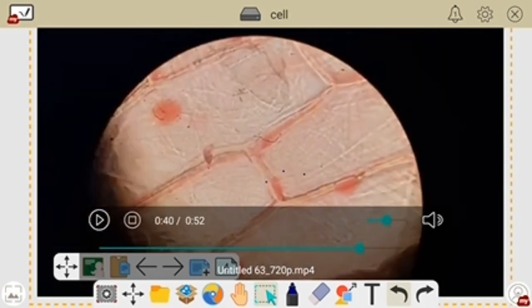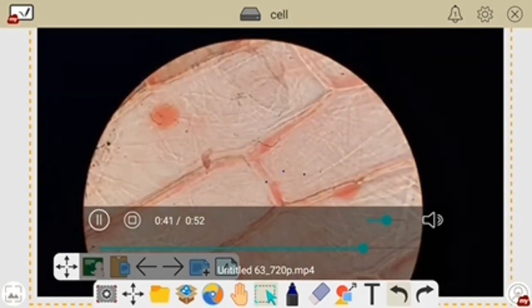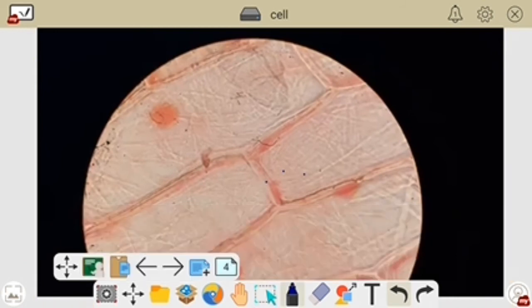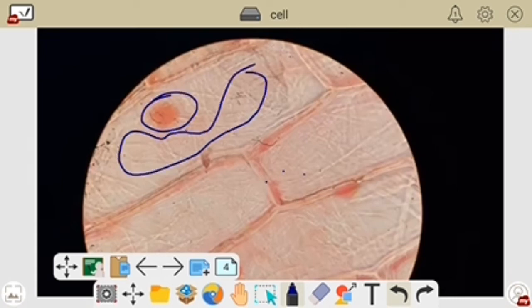Yes, so this one is the cell structure of onion peels. This is the nucleus, and most of the part is filled up with a vacuole, and these are the cell walls. It's too difficult to see all those components, mitochondria and all, so you cannot see them properly. So this is the cell structure of an onion peel.